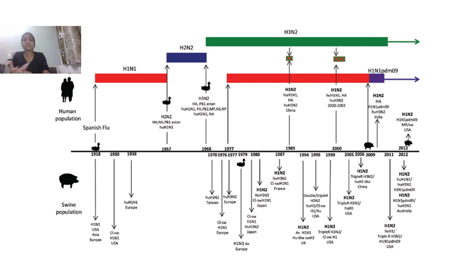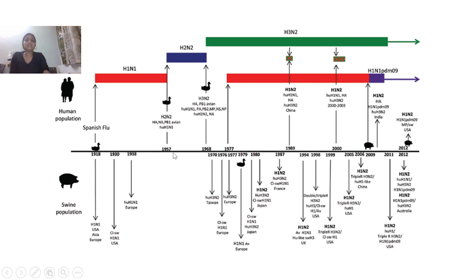Whenever there is a combination of these different H and N proteins, it can lead to different permutation combinations of different kinds of influenza viruses. For example, here you can see H1N1 was causing some disease in the initial period. Then it got recombined and formed the H2N2 virus. This H2N2 again caused disease in 1957.